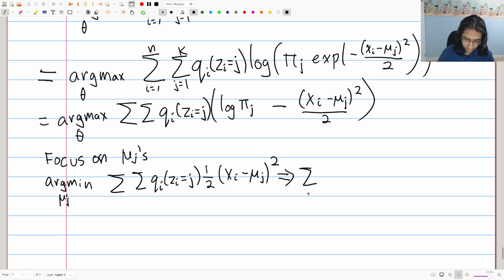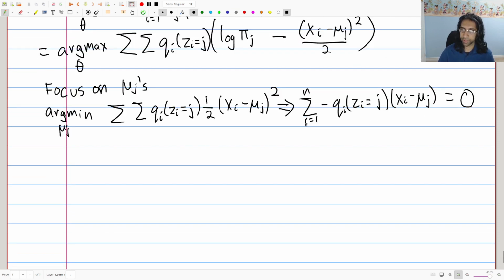We get summation from i equals 1 to n of minus qi equals j times 2 times, this will cancel out, xi minus mu j, and we set this equal to 0. What I did here was this arrow, which I didn't really specify: it's just taking the derivative with respect to mu j and setting it equal to 0, because we're trying to find the mu j which optimizes it.